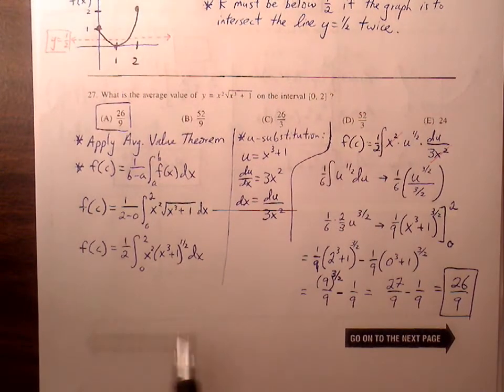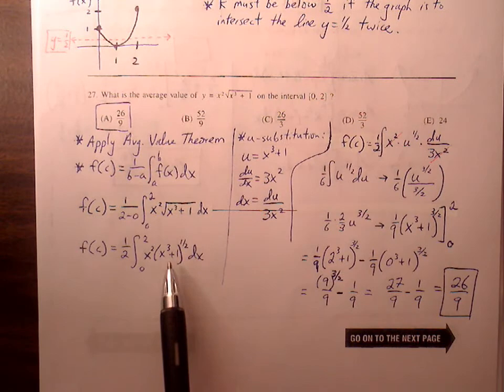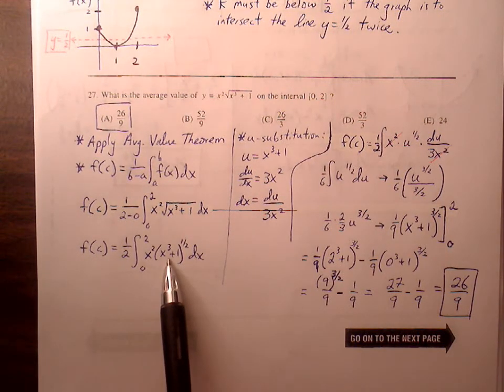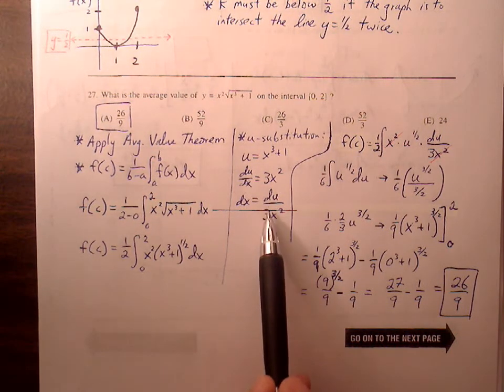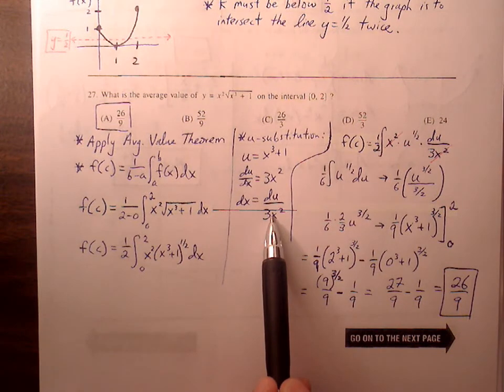And if we take a look at this and we want to find the antiderivative, we can't expand this out. We're going to have to rely on u substitution. So we'll let the u value be the portion inside the parentheses, so u equals x cubed plus 1. We find the derivative, du over dx equals 3x squared. Cross multiply, solve for dx, we get du over 3x squared.